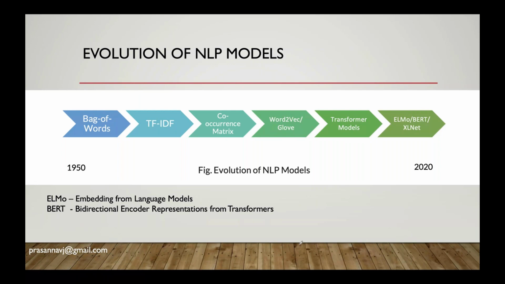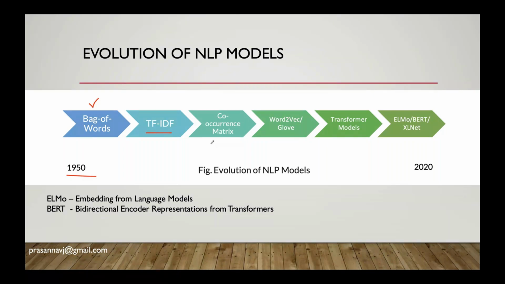So let's look at how NLP models have evolved. The initial NLP things were available from the 1950s. The bag of words was one of the initial NLP algorithms used. From there, we have TF-IDF, term frequency inverse document frequency algorithms, and co-occurrence matrices.